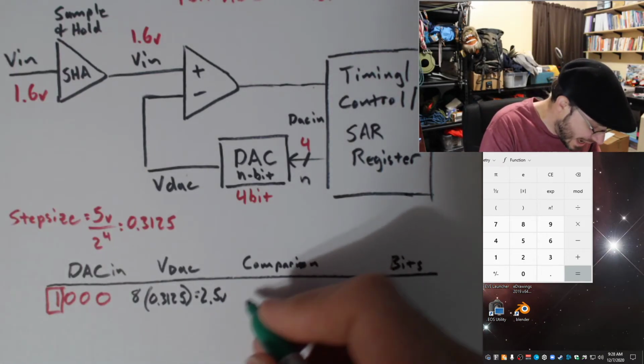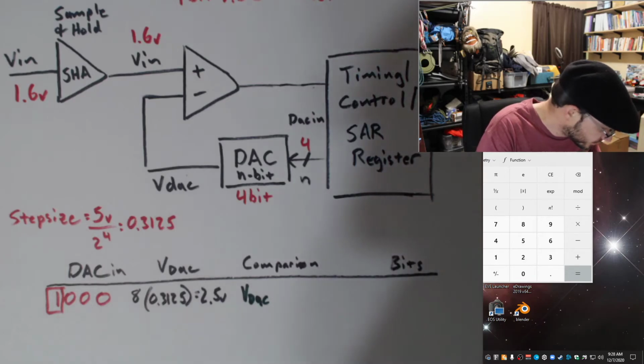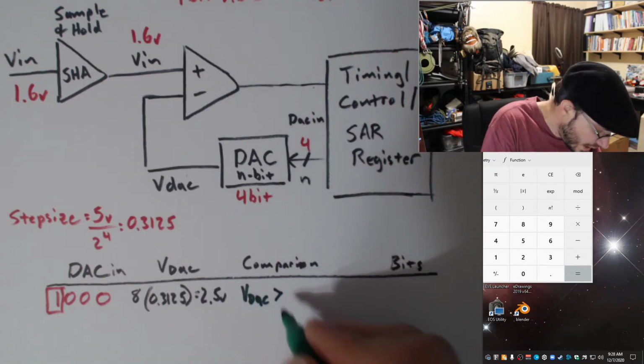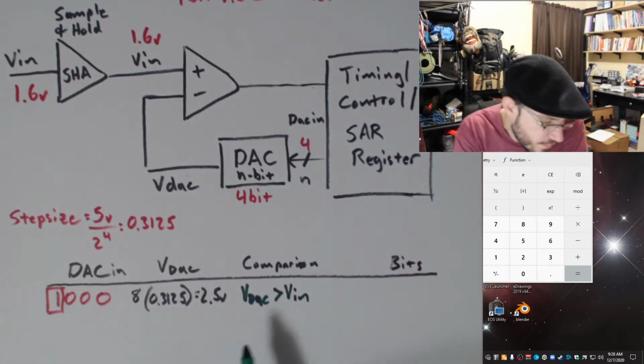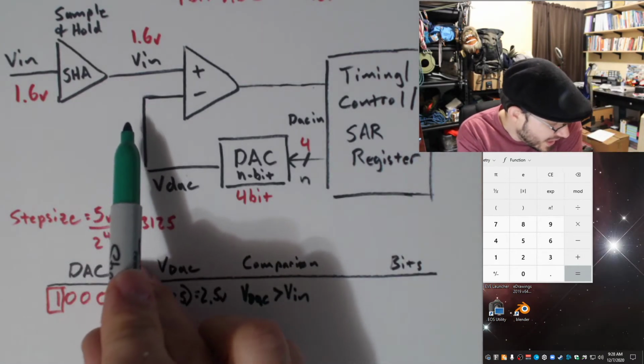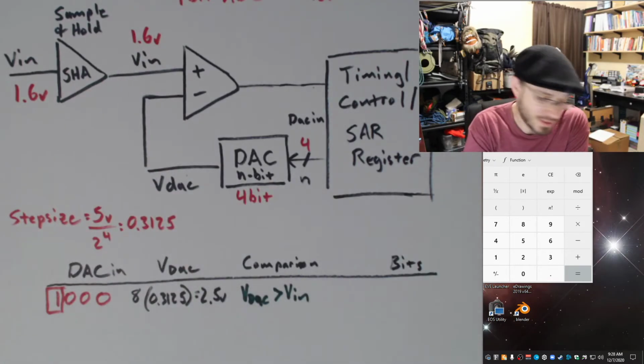Well, as it turns out, VDAC is greater than V in. If VDAC is greater than V in, you're going to clear this bit.